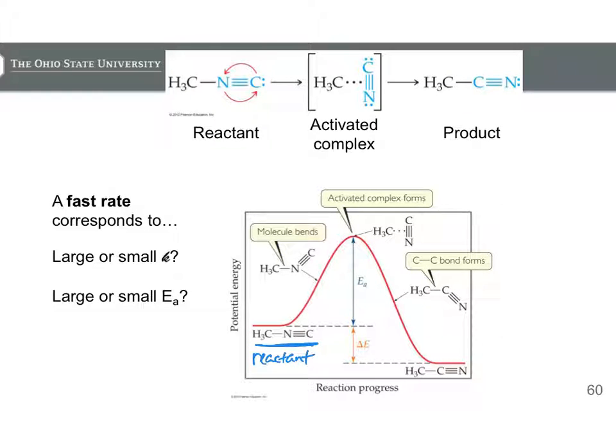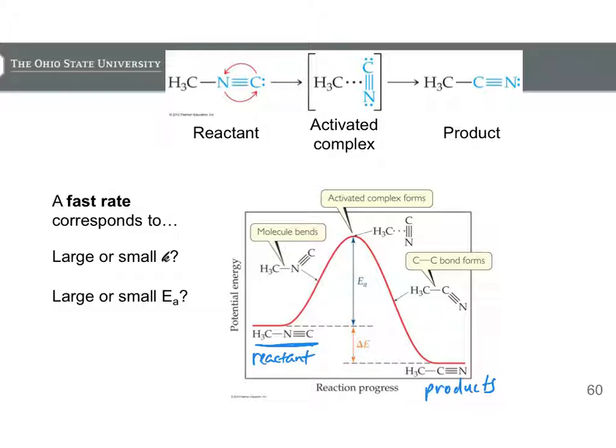Have you guys practiced writing these? This is from chapter 5, right? This is from doing enthalpies and things like that. Have you seen a lot of these? Okay. It's been a while. Okay, that's fine. So we'll go over it. And then on the right-hand side, we see our products.